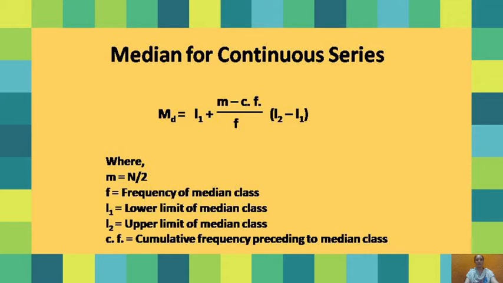MD stands for median, small m stands for n by 2, and N is the summation of frequency. F is the frequency of the median class, L1 is the lower limit of the median class, L2 is the upper limit of the median class, and lastly CF is the cumulative frequency preceding the median class.